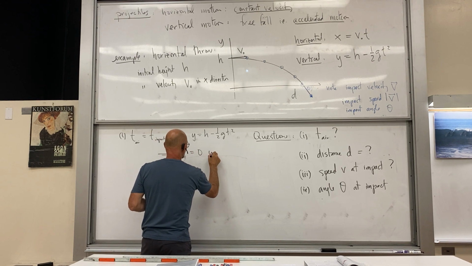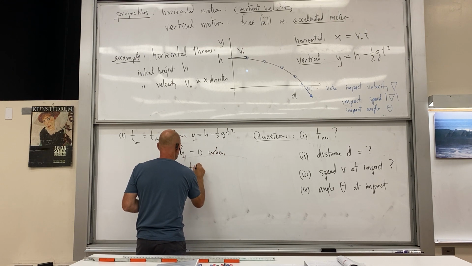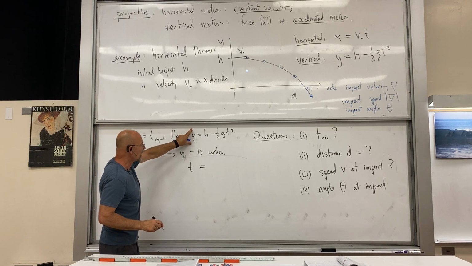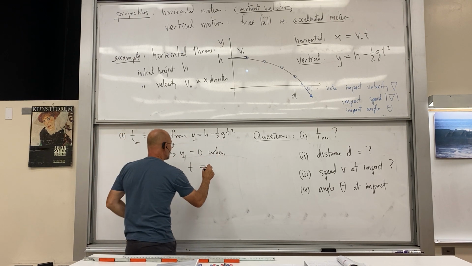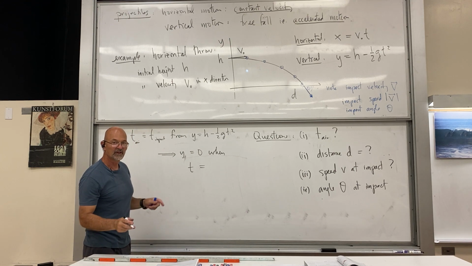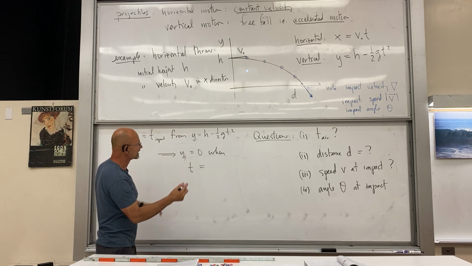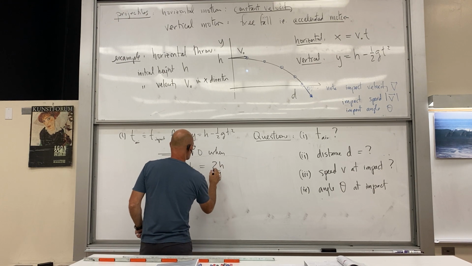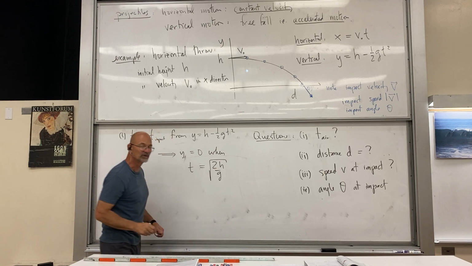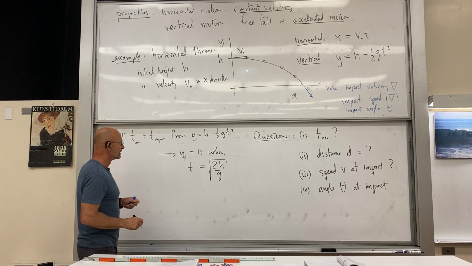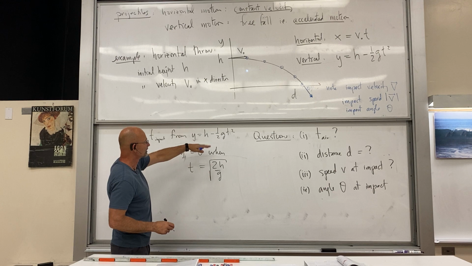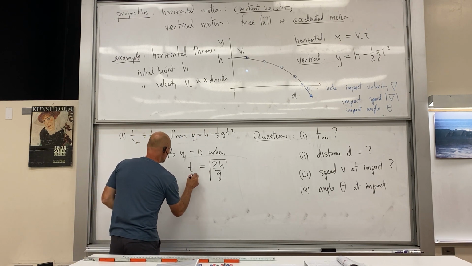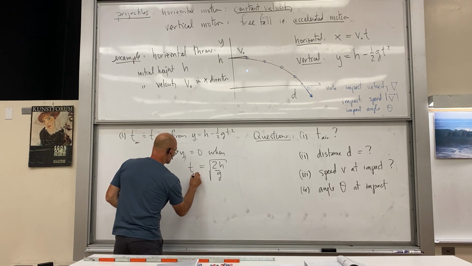Y equals 0 when t equals what? Set y equal to 0, solve for t, and leave space in your notes. I'm just going to do the answer: 2h divided by g, take the square root. Bring h over to the other side, cross multiply, divide by g, take the square root. So that is t air.